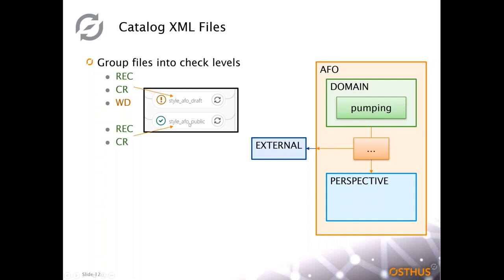So, for example, I can run the Styleguide checker just on the recommendation and candidate recommendation terms to see, are they all green? Or I can say, okay, now I want to add our working drafts, and maybe that's not green, but it's not critical because it's just the working draft. So they have less importance. So it's more important to get this job green than it is to get that job green.